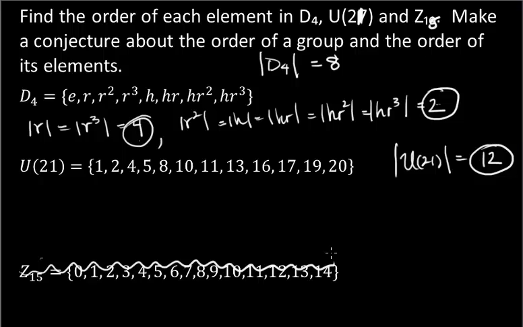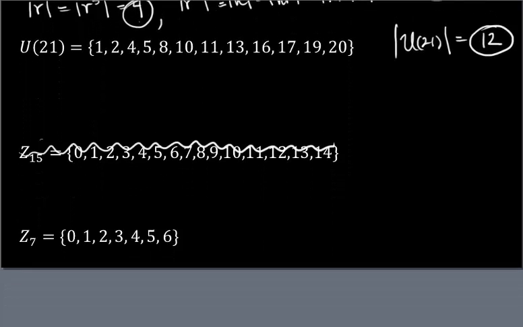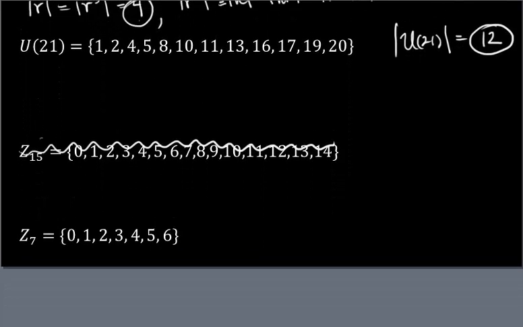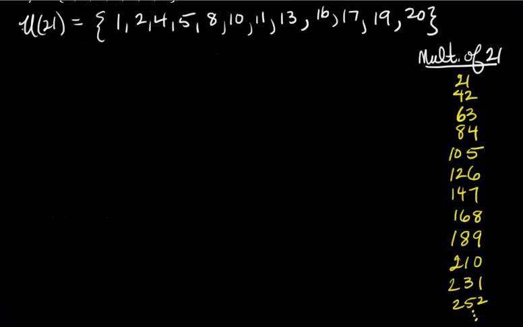I obviously didn't leave myself enough room for this U21. Okay, so I moved the slide and wrote down U21 where we'd have more space to work. And notice over at the side, I just jotted down multiples of 21.